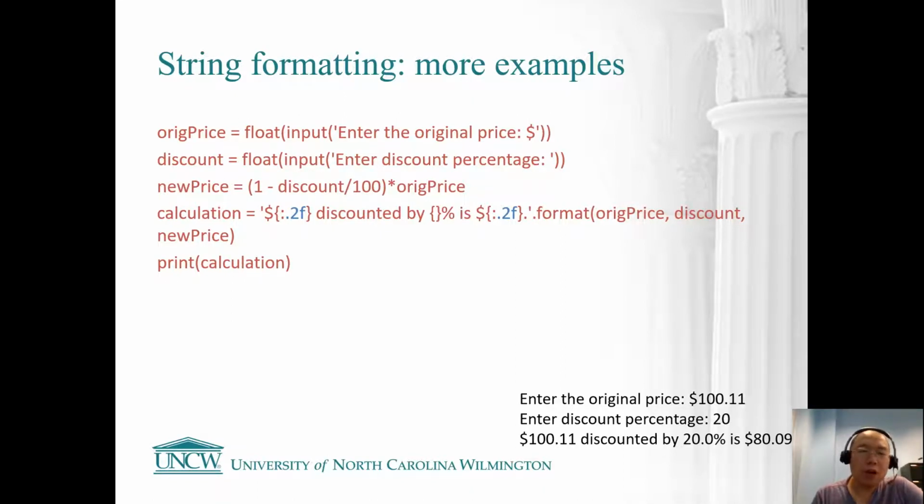For each placeholder, we want to put one more restriction: how many digits you want to keep after the decimal point. There are two placeholders I want to worry about. The first one is the original price, and the second one is the discounted price. For both of them, I used .2f. What does that mean?